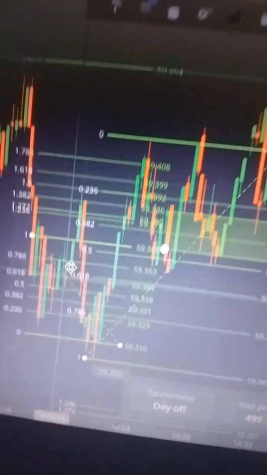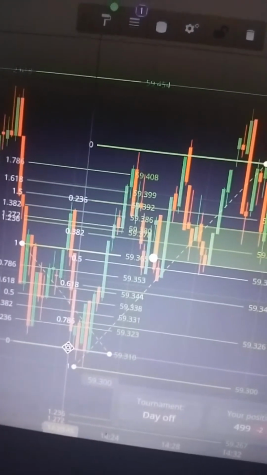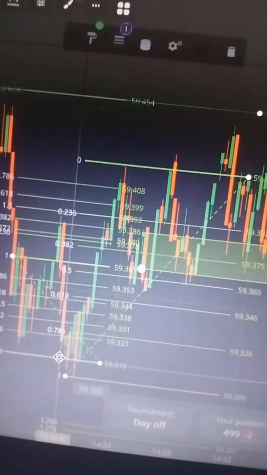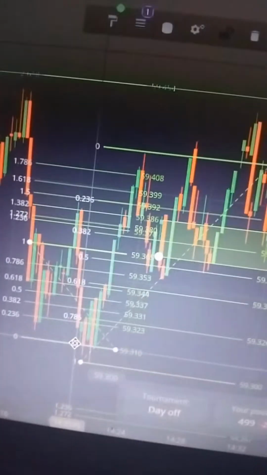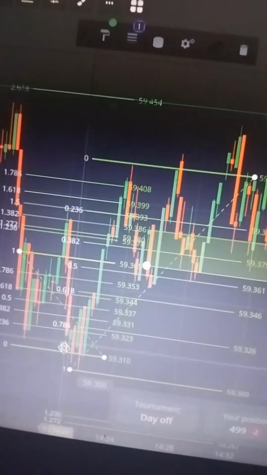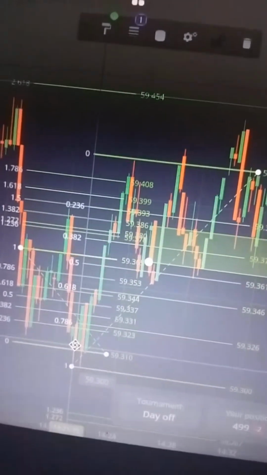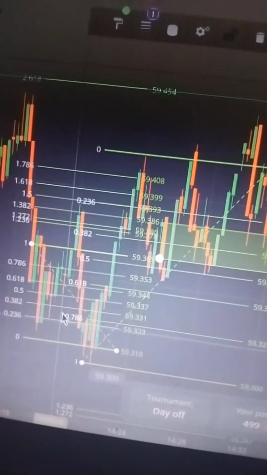So, buyers are out. Who is the only buyer now? Who is the only buyer now? The smart money is the only one buying down there. There are a lot of sellers, but no buyers. Why? The buyers are out here.